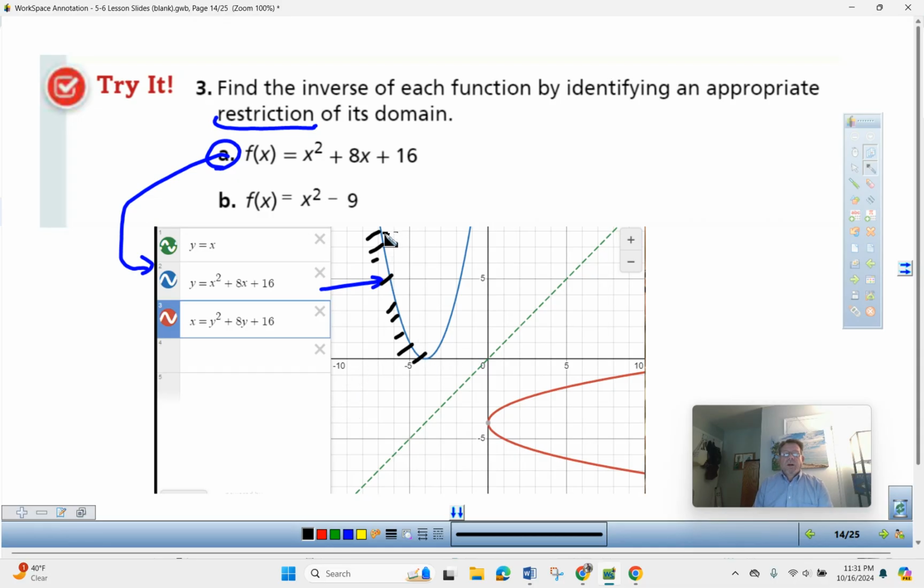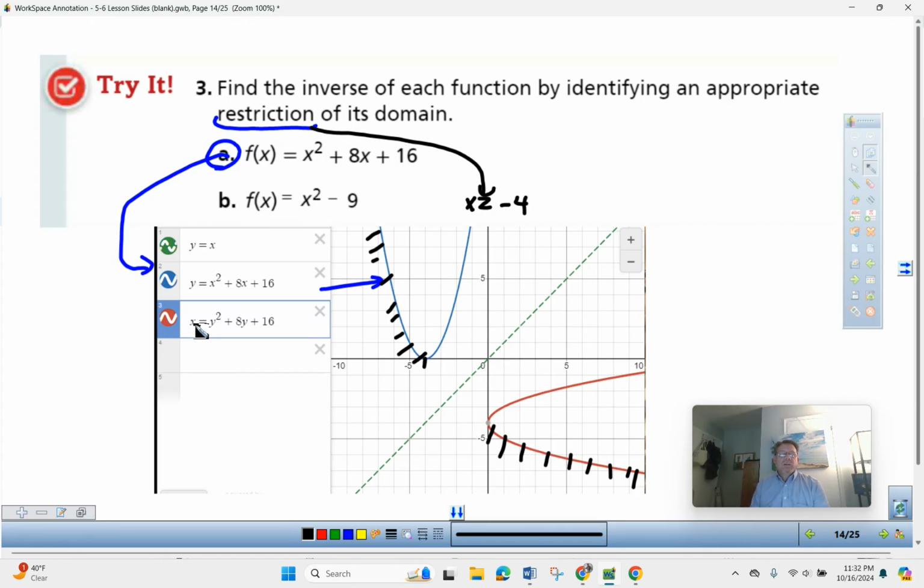And if we cut that off, when we flip it over, isn't that going to cut this piece off? And so this is x is greater than or equal to -4. This is the restriction for this one that makes everything go better.